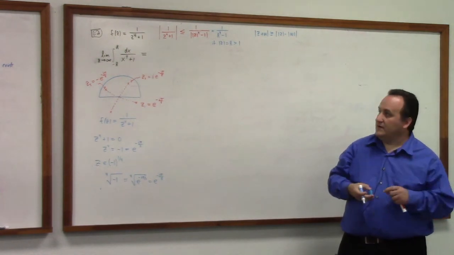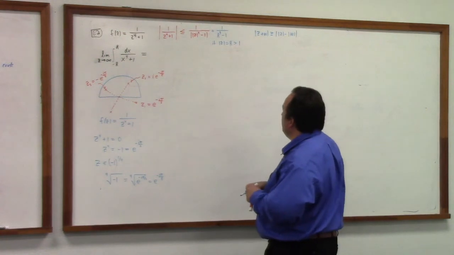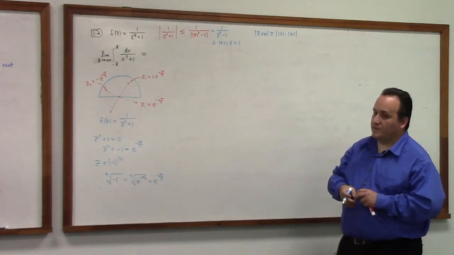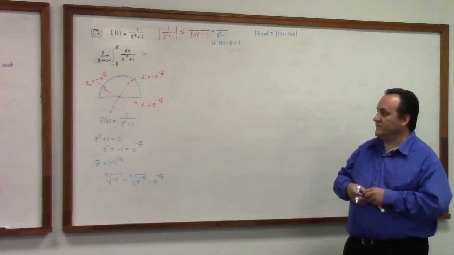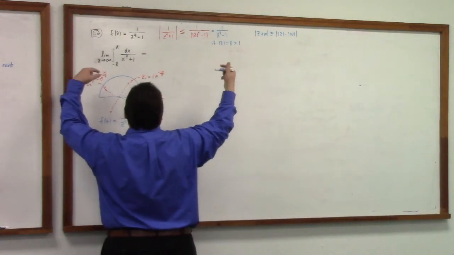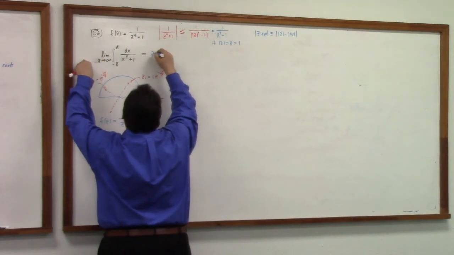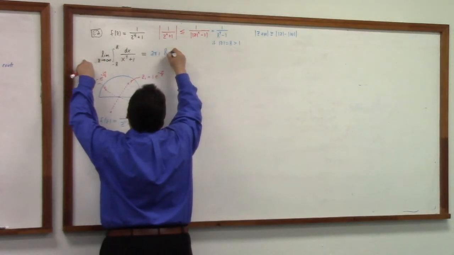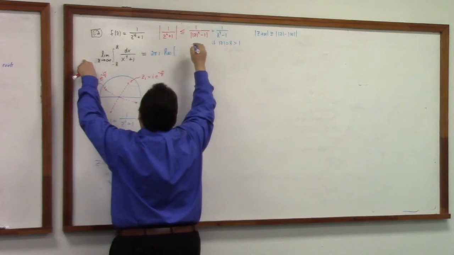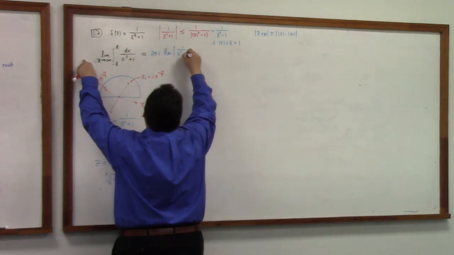And then as r goes to infinity, you see that the integral is bounded by pi r over r to the fourth minus 1, which goes to 0, which just leaves us with, again, going back to the calculation that started class, the limit as r goes to infinity of the integral from minus r to r is equal to 2 pi I times the residue of what? Yeah, that's 1 over z to the fourth plus 1.